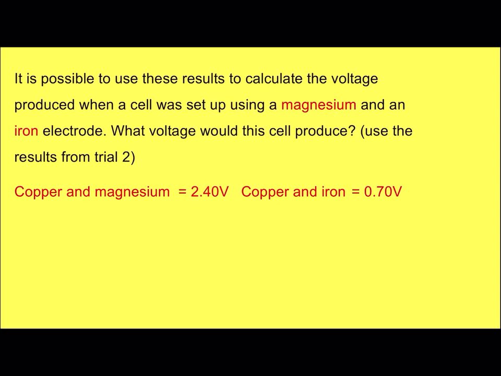Again, if copper and magnesium was 2.40 volts, copper and iron was 0.70 volts, what do you think the magnesium and iron would have been? Hopefully you've realised it would be the difference. 2.40 minus 0.70 is 1.70 volts. Well done if you got that.